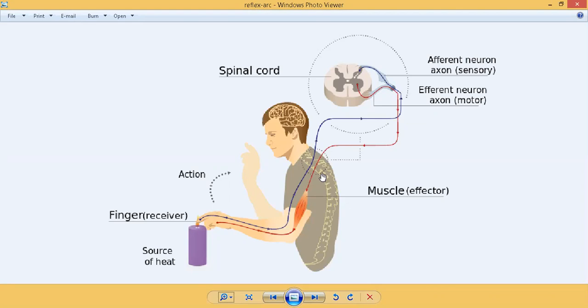This results in the contraction of the skeletal muscle of the hand, arm, or even the shoulder, so the finger is immediately moved. As we can see, contraction of the skeletal muscle will lead to pulling of the finger away from the source of the stimulus.